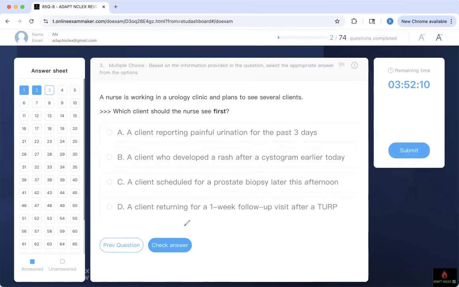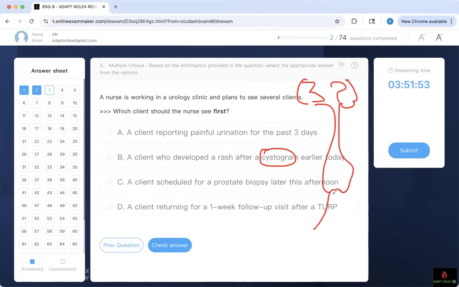Why? The answer choice is hidden. This is what you see. Some NCLEX questions will ask you this kind of question to test your critical thinking. Cystogram, you have to know what it is. If this is your kidney connected to your bladder and it comes through the urethra, we inject the contrast and take a picture of the urethra and up to your kidney.